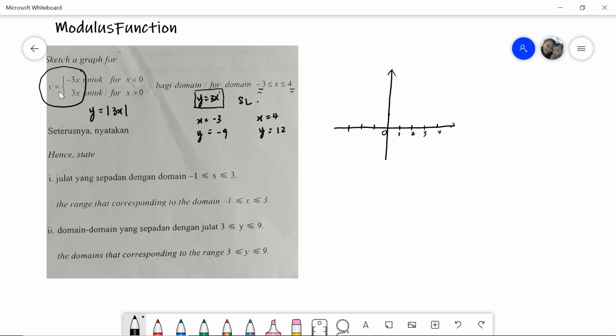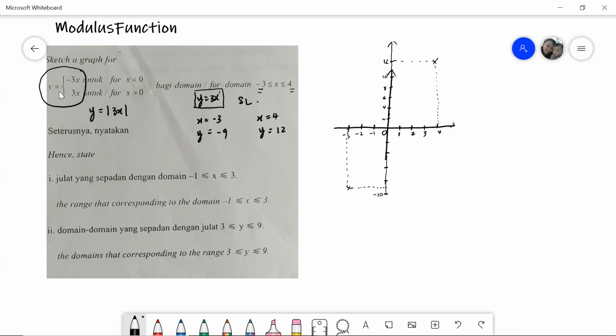So we have -1, -2, -3, and on the y-axis the maximum is 12, so 2, 4, 6, 8, 10, 12 is here, and -2, -4, -6, -8, and -10. So we have 9 here, -9 here. When x is -3, our y value is -9, and when x equals 4, our y value is 12.